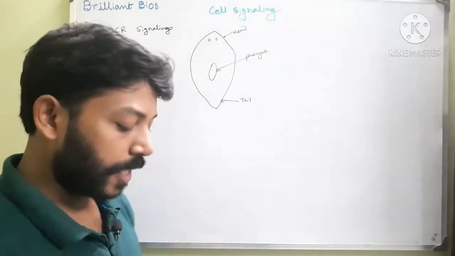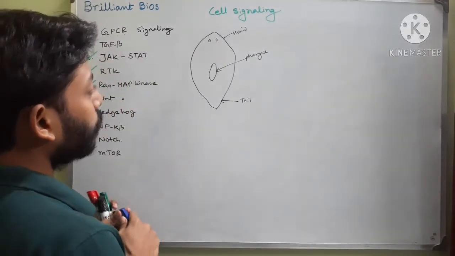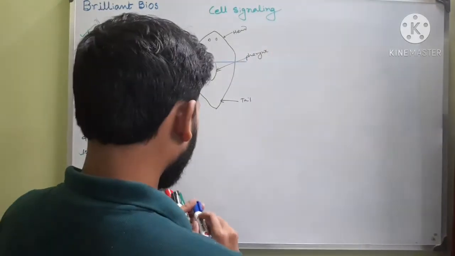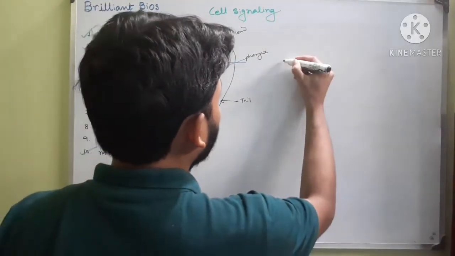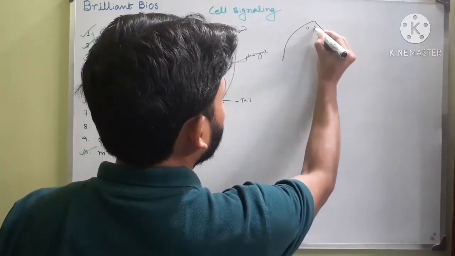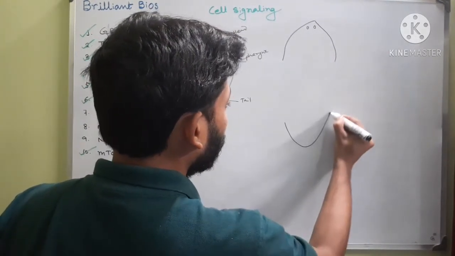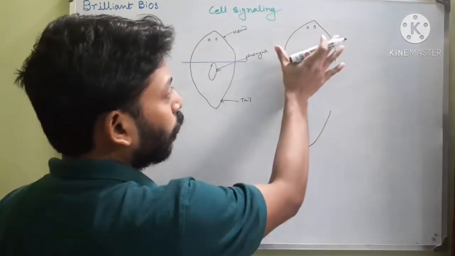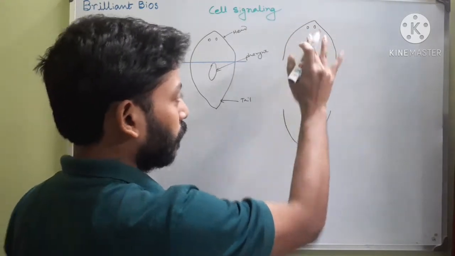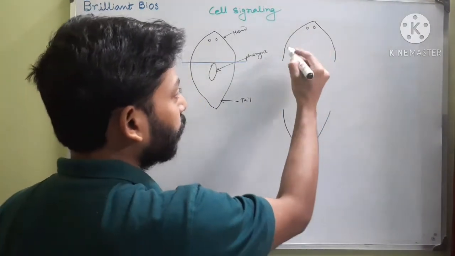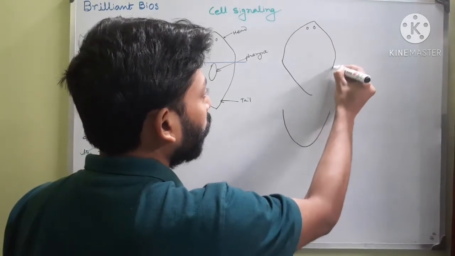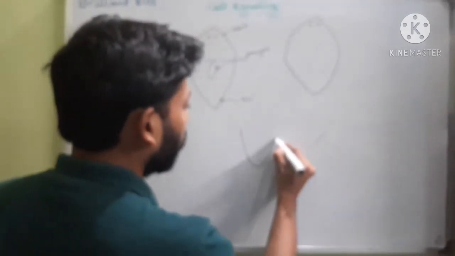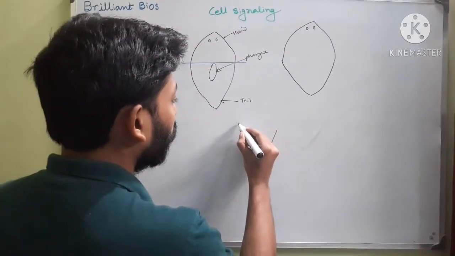Scientists, when they experimentally cut this animal into two halves, that means bisect, found that the upper segment of the fragment developed a tail, and the lower fragment of the animal developed the head.